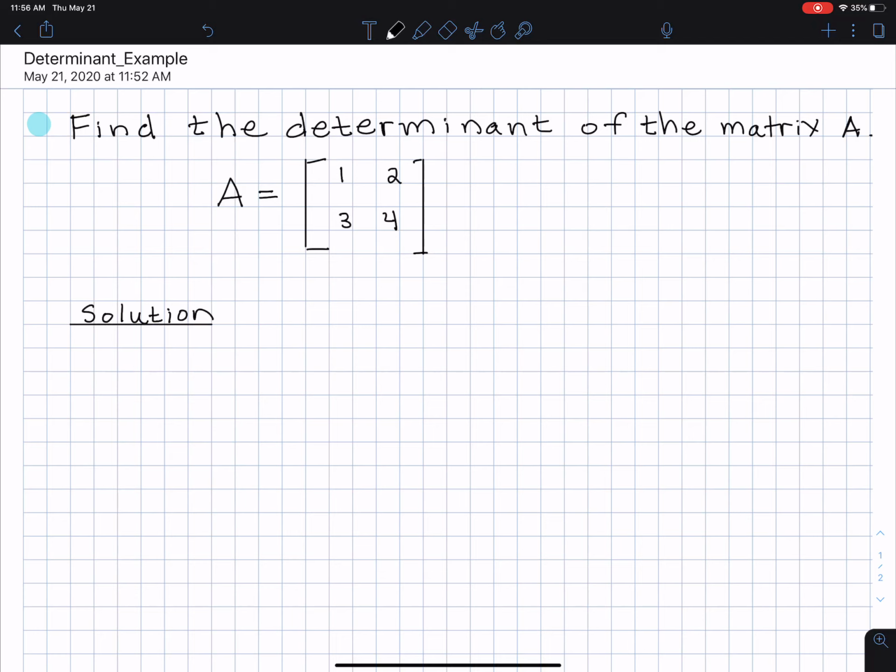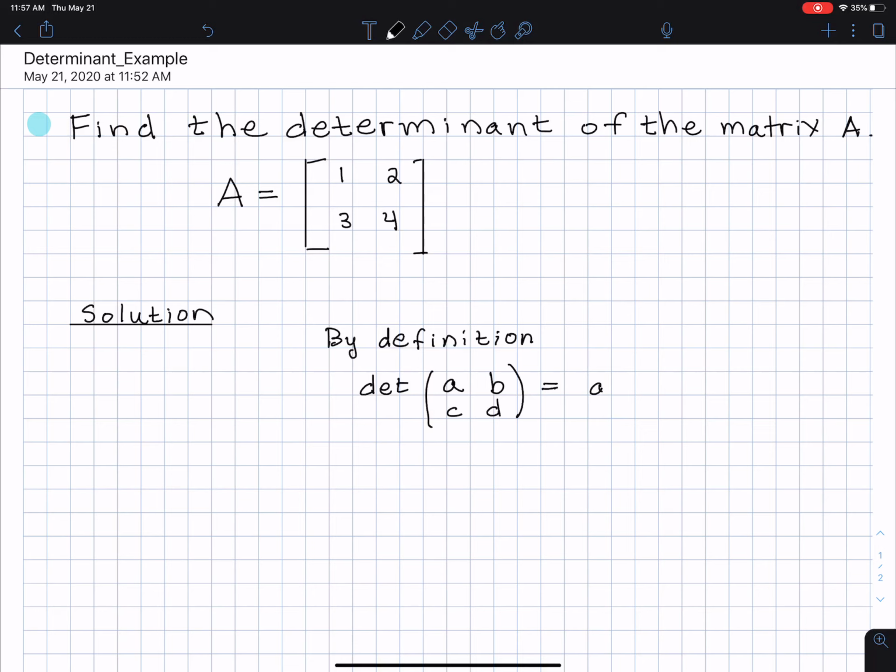First of all, by definition, I'm going to write this down, starting sort of at the beginning. The determinant of a matrix A, B, C, D just follows this formula.